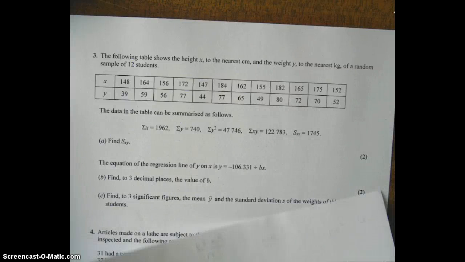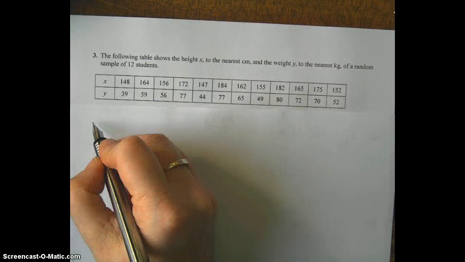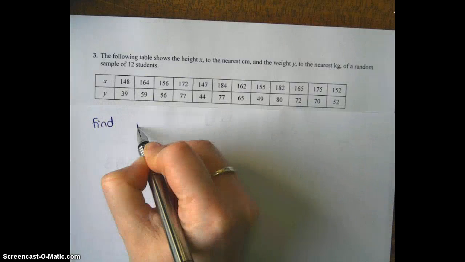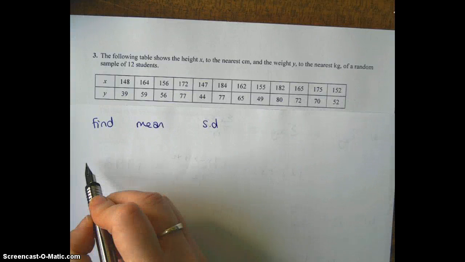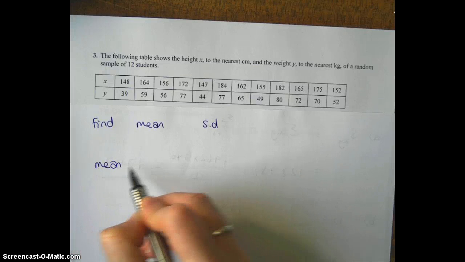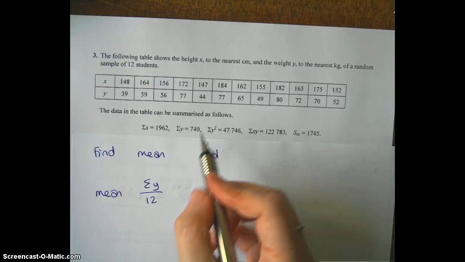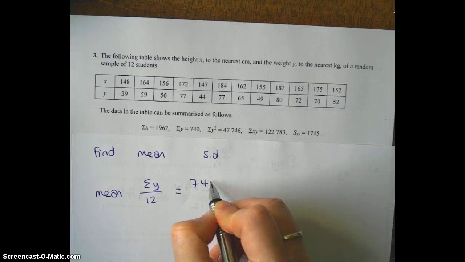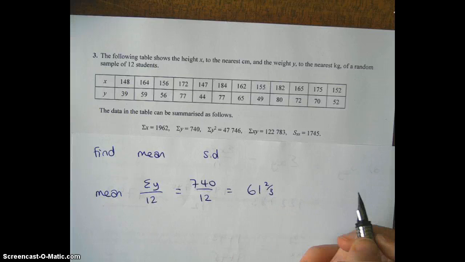We want to find the mean and the standard deviation of just those y values. So the mean is going to be sigma y over 12, and we're given sigma y is 740, divided by 12 is 61 2/3, or 61.6 recurring.